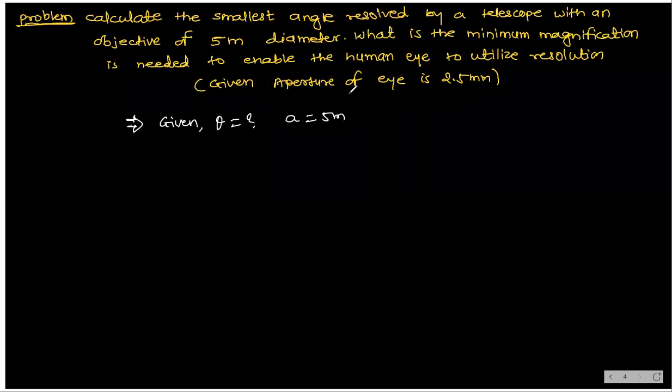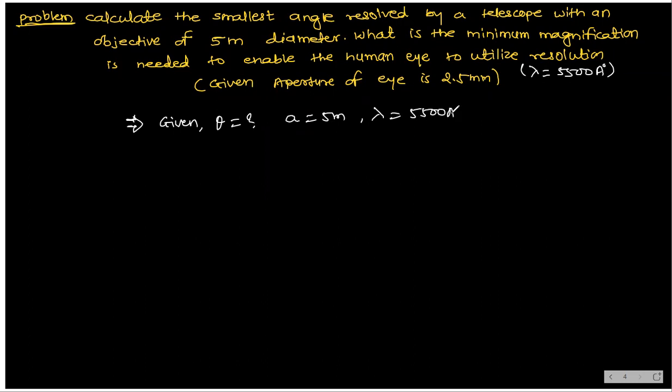Minimum magnification. और जो वेवलेंथ है वो दिया है क्या उसने, वेवलेंथ आप lambda is equal to 5500 एंगस्ट्रॉम ले लो. ओके, नेक्स्ट. Aperture of eye also given. Aperture of eye is also one lens only, no? तो ये दिया है 2.5 into 10 to the power -3 मीटर.